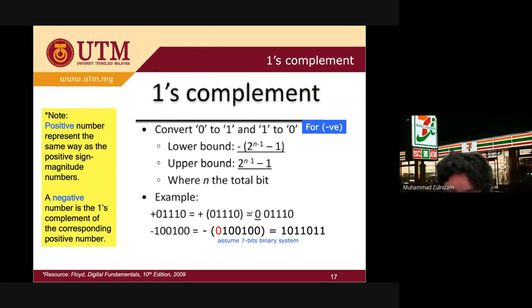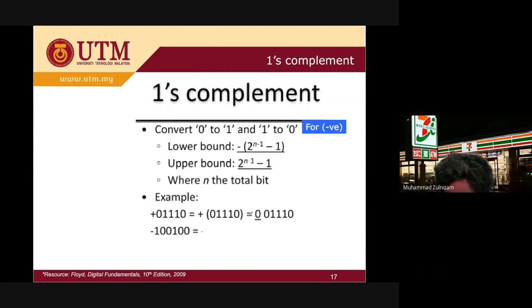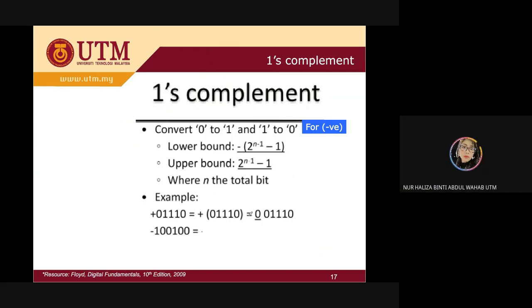So let's say you have negative 11. The value of 11 will be 1011.